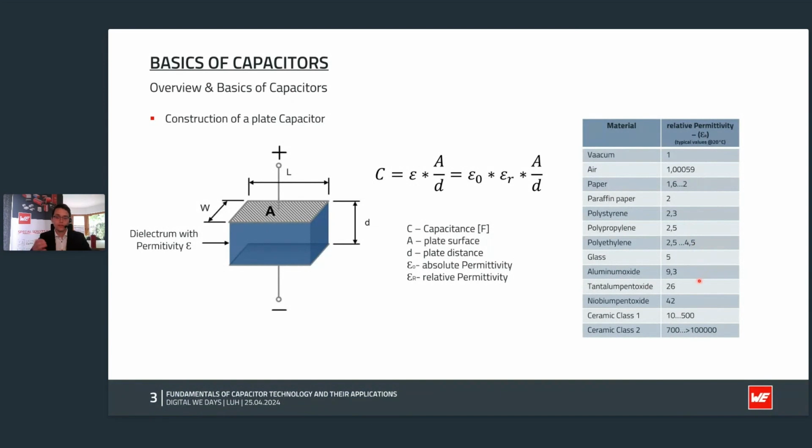So you can really see, based on the physics behind, that there is some benefit for aluminum electrolytic, for example. If we go more into detail about the ceramic capacitors, especially class 2 ceramic capacitors, they offer a lot of capacitance in a very small volume. We will go more into detail about the limits of it later on.